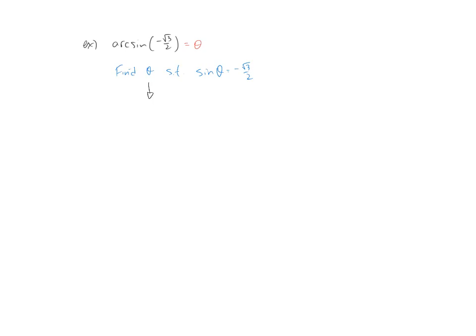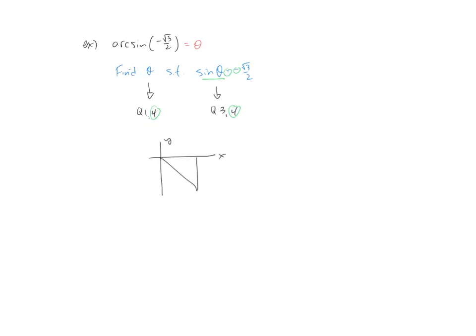Theta here for inverse sine can only be in quadrants 1 or 4, and sine is negative in quadrants 3 and 4. So the overlap puts us in quadrant 4. I'll go ahead and draw my triangle in quadrant 4.